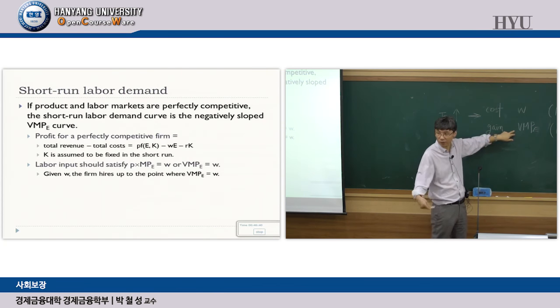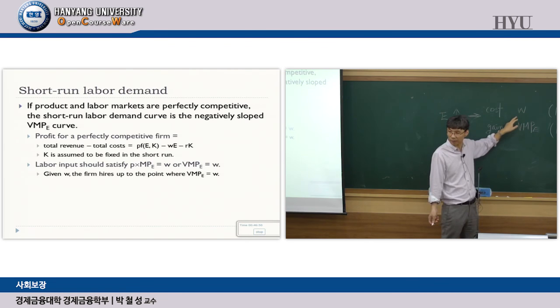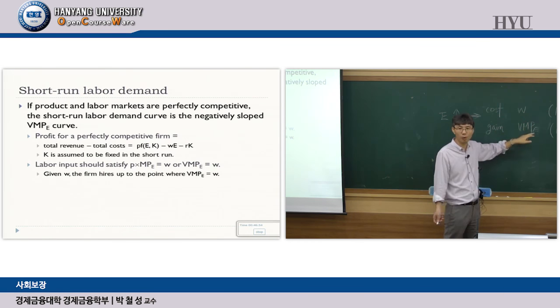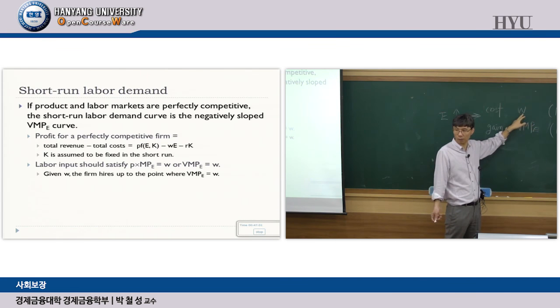Now, if you increase your labor input, since we said the MPE is going to be diminishing, VMPE will get smaller and smaller, and at some point it's going to be the same. Now, if you increase labor input even more, then the VMPE is going to be smaller than W. Which means that now you are paying too much.